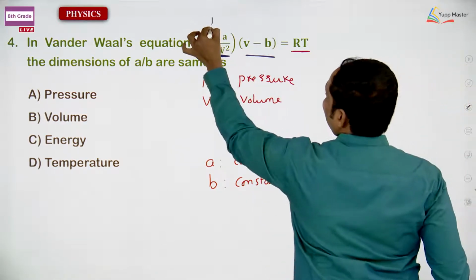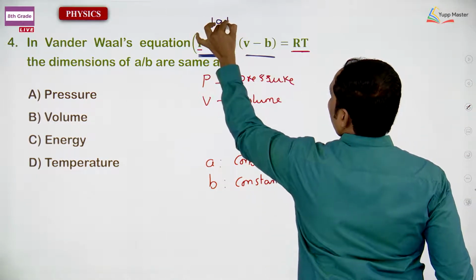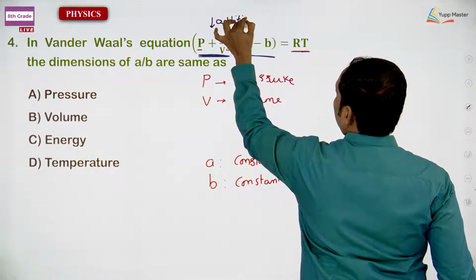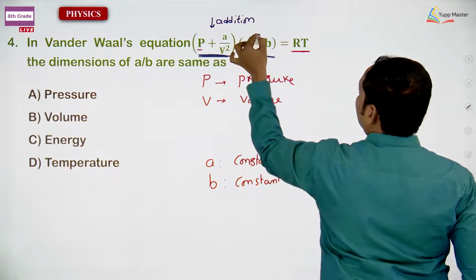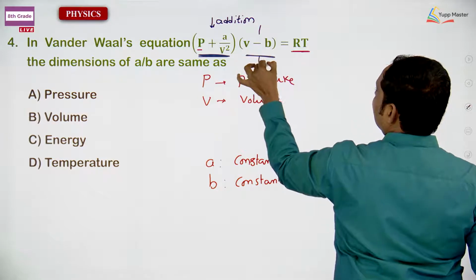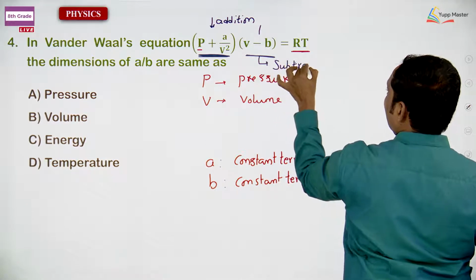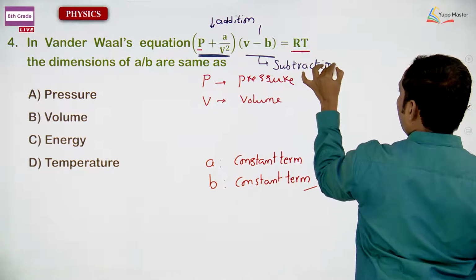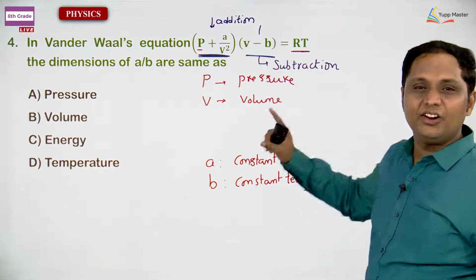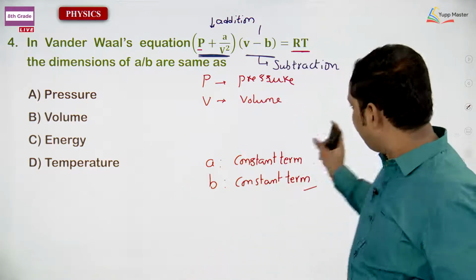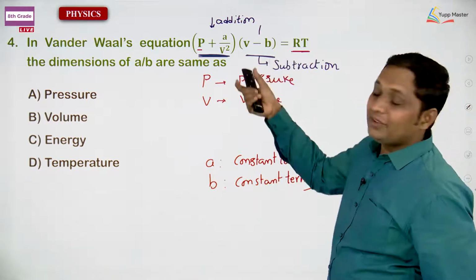So there exists an addition here and here a subtraction. You are getting addition of the terms and subtraction of the terms. They are also of the same kind.